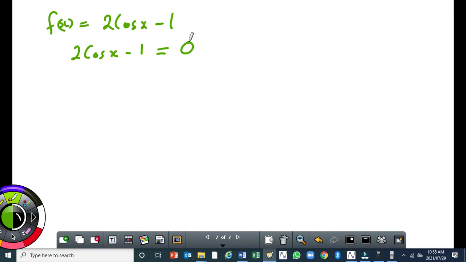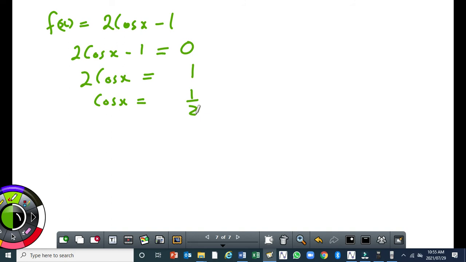Now we are back in term 2, trig equations. Then we have 2 cos x equal to 1, then cos x equal to a half. Right? Then after that, to find the two values, we just use the general what?